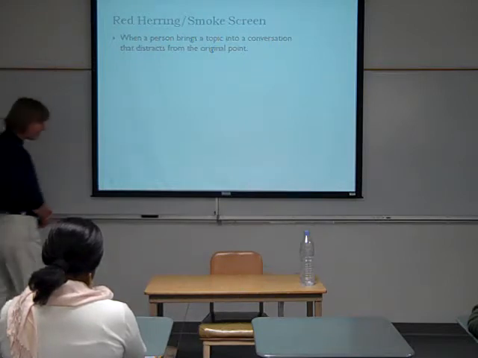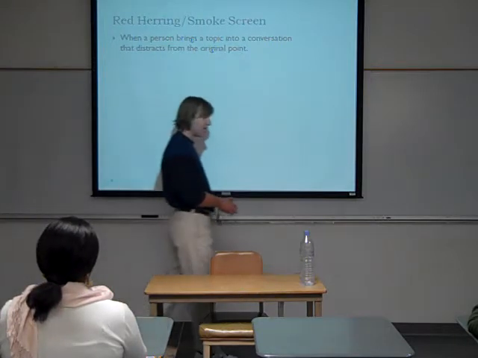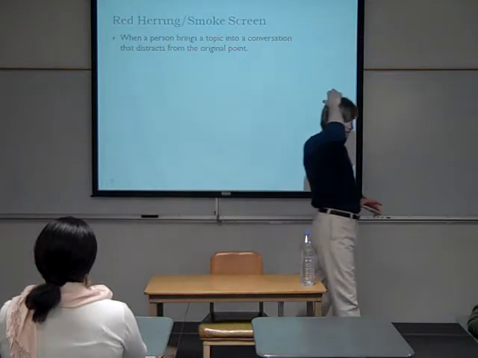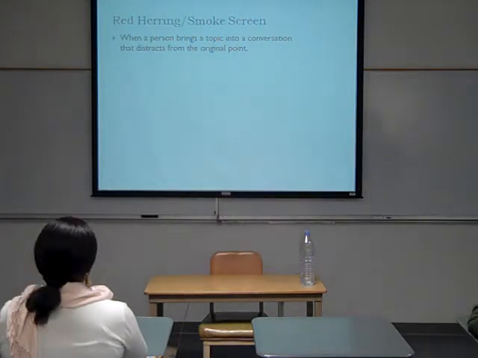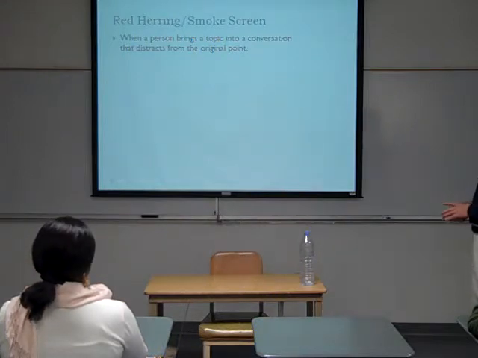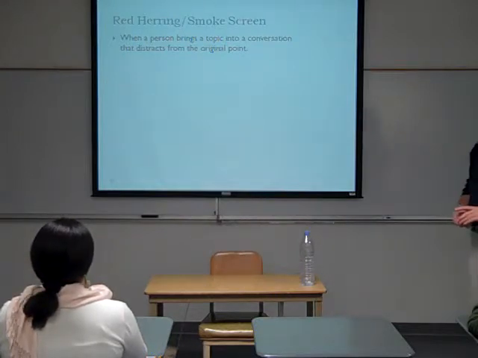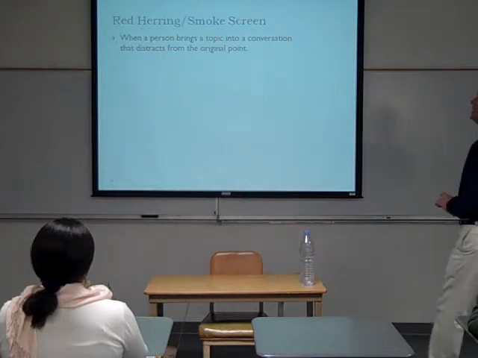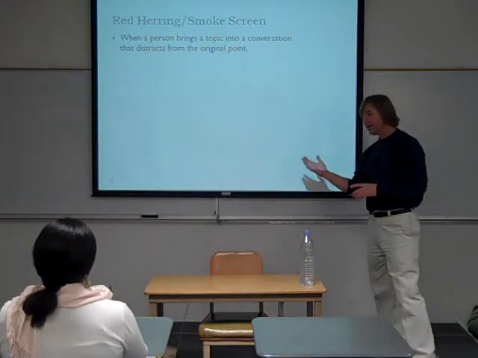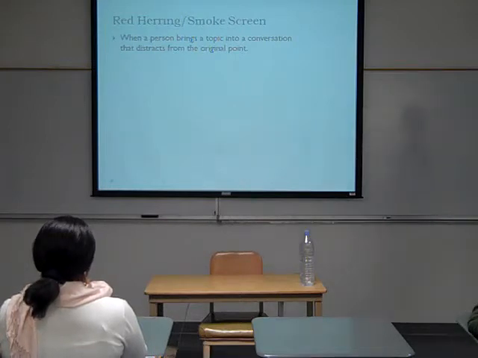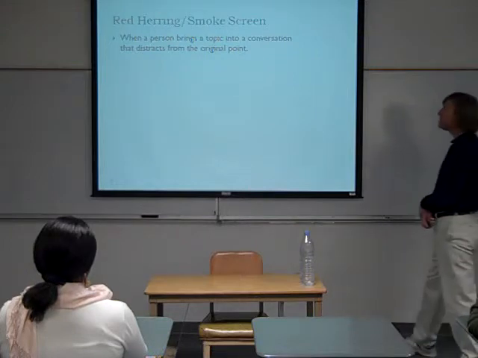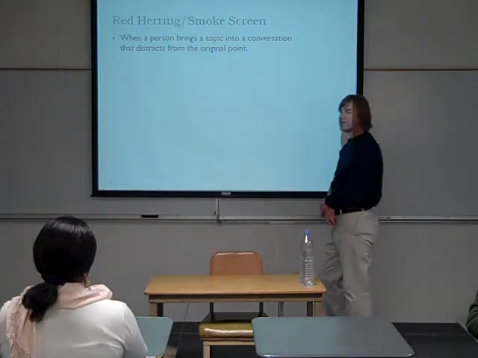Now, another fallacy, perhaps more common in these debates and political discussions, you might see people using what they call a red herring, or a smoke screen. These are two ways of referring to this fallacy. A red herring is when a person brings a topic into a conversation that distracts from the original point.